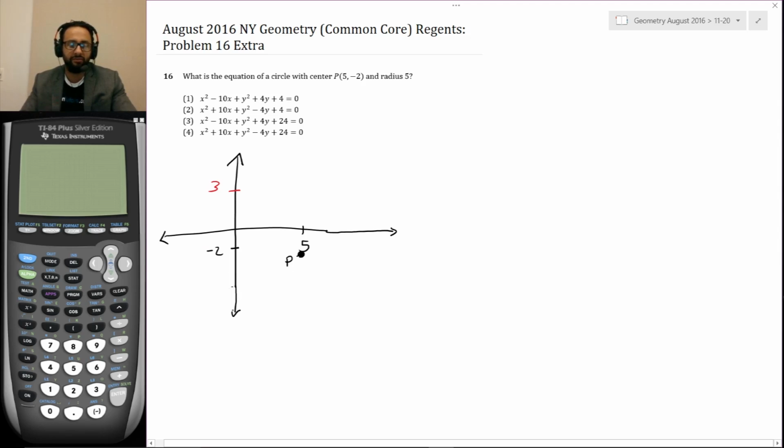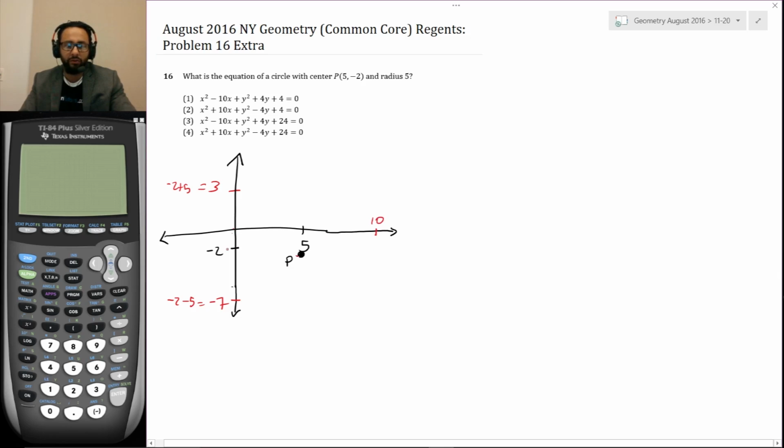So negative 2 plus 5 is 3, and negative 2 minus 5 equals negative 7. And then of course, 5 minus 5 is 0, and 5 plus 5 is 10.